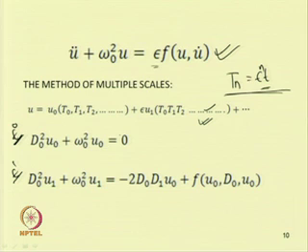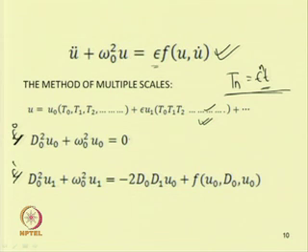So, the equation reduces to this form, that is D0 square u0 plus omega 0 square u0 equal to 0. Similarly, D0 square u1 plus omega 0 square u1 equal to minus 2 D0 D1 u0 plus f of u0, D0 u0.